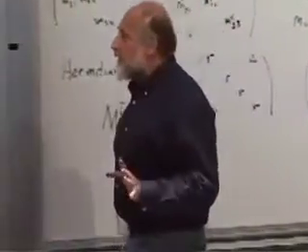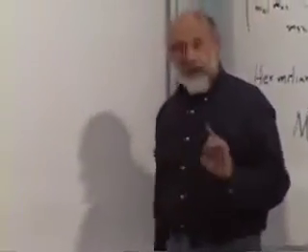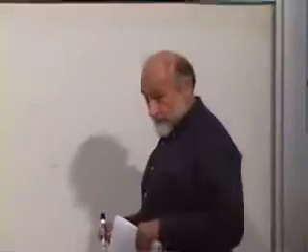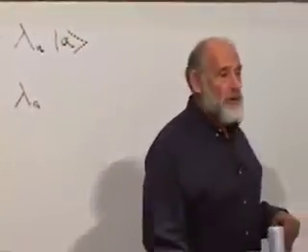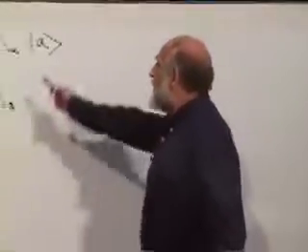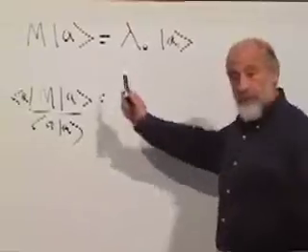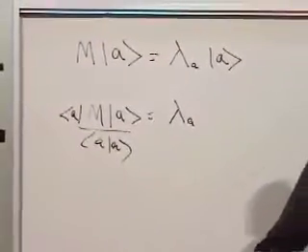Now I'm going to tell you the secret. The secret is that if M is an observable, then the values of it that you can measure when you do an experiment are its eigenvalues. That means the result of an experiment to measure M will be one of the eigenvalues of the matrix M. That's the significance of eigenvalues.